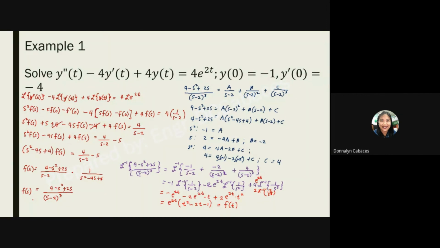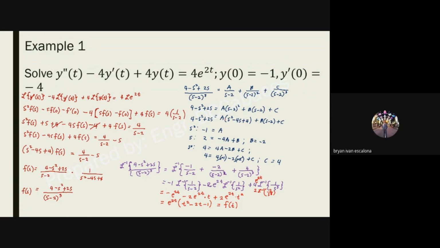And then after that, you are to find its inverse. But before going to the inverse, you need to find the equivalent of F of s, which involves partial fractions. So you need to evaluate the values of the coefficients using partial fractions. And then after that, you find the inverse of each term. And the inverse is actually your function, or the solution of that given differential equation.